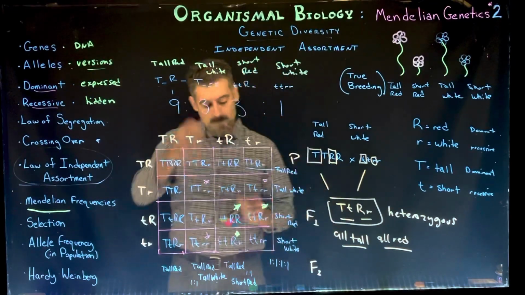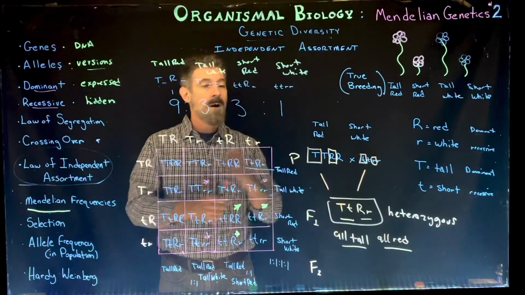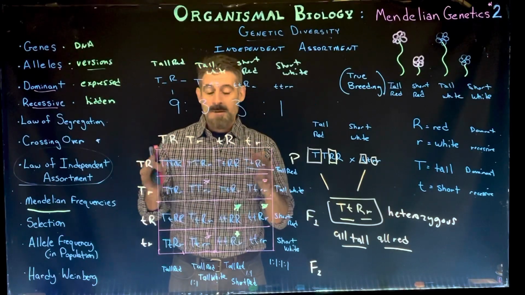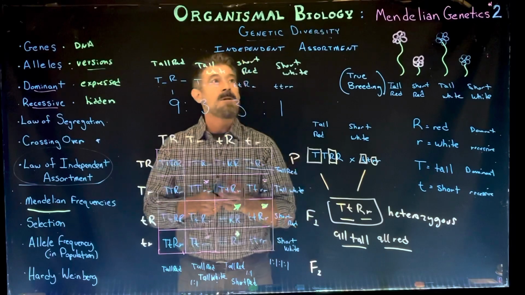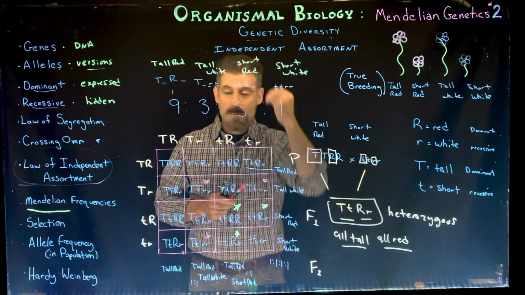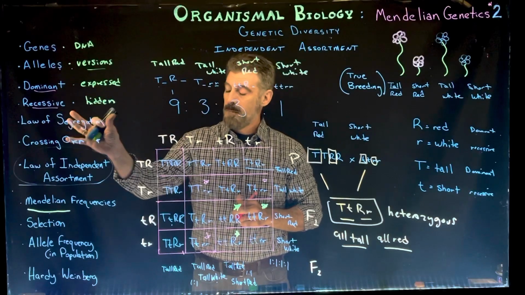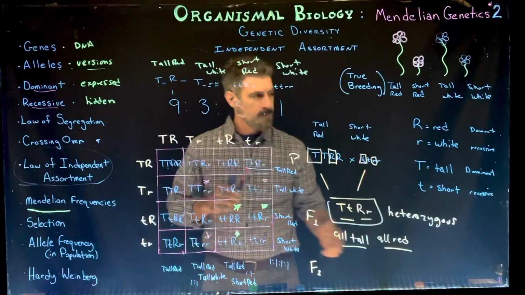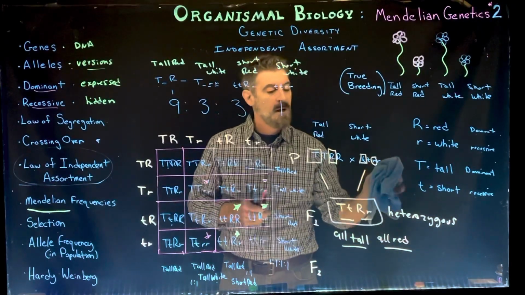Now, what does this tell us about our broader discussion? Because the broader topic really is not, for our purposes, doing Punnett squares. Our purpose is looking at, again, genetic diversity in the population, and something that Gregor Mendel referred to as the law of independent assortment. So what is this, and how is this related to the law of independent assortment?